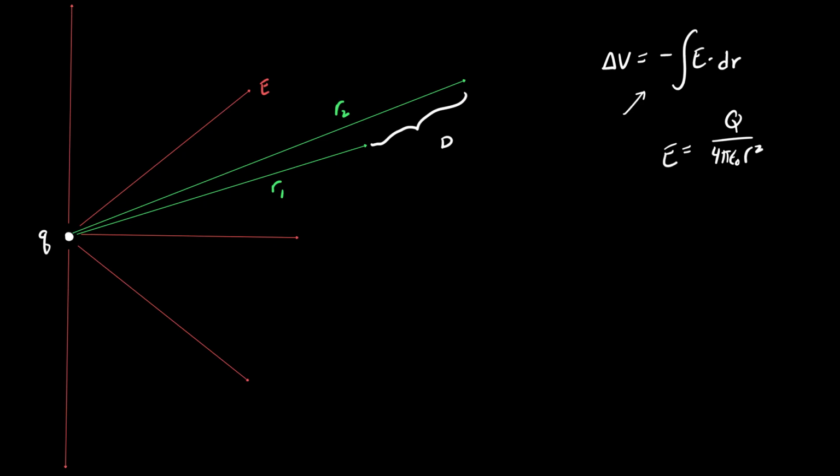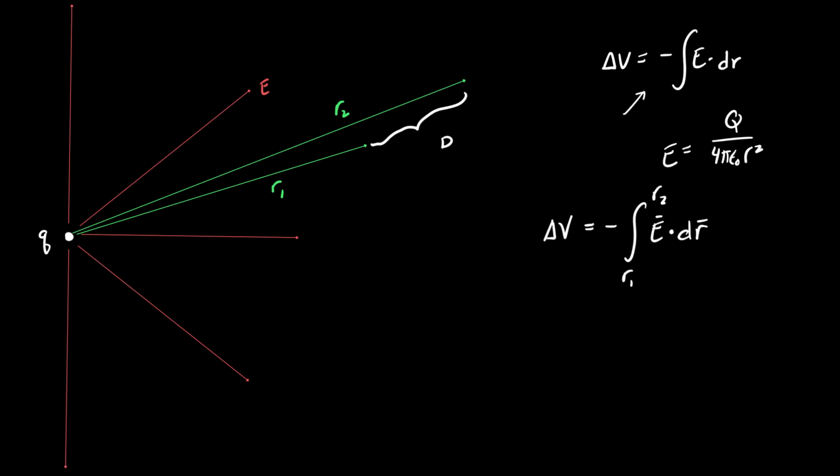All right? Everything okay so far? Any questions? So I want to find the electric potential difference, and we're going to go from 1 to 2. This will give us the change in potential.